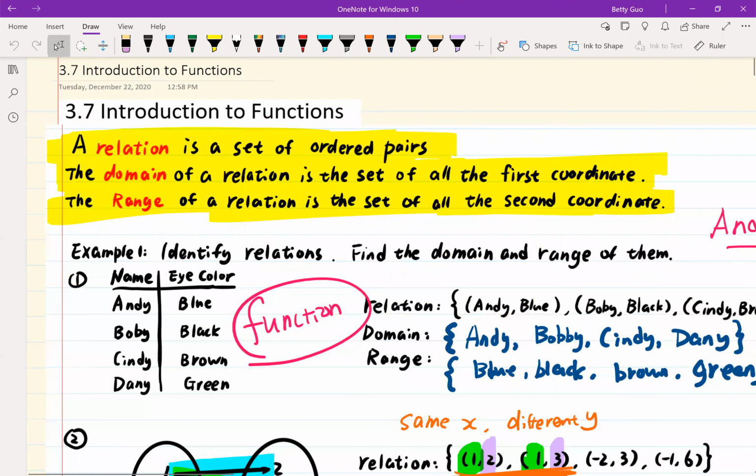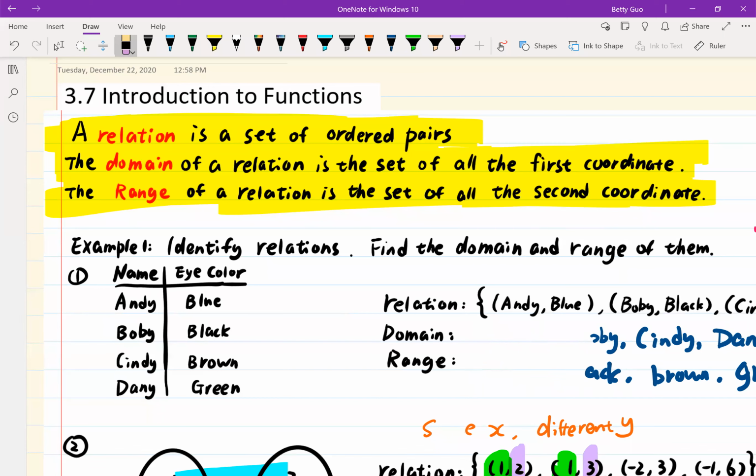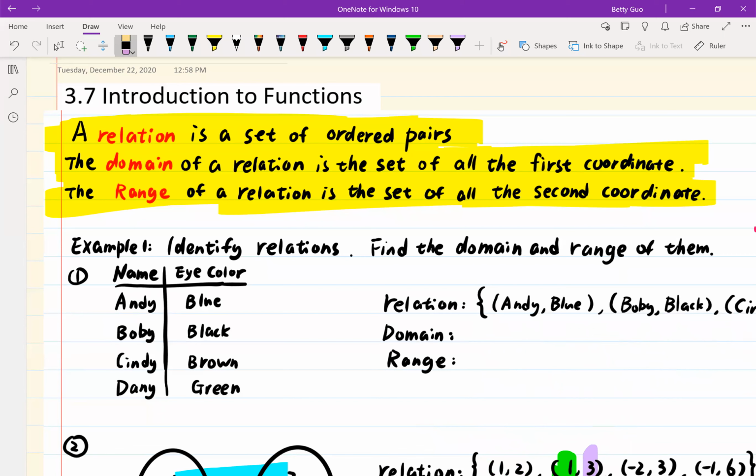Introduction to functions. Please first write down the first definition: relation.